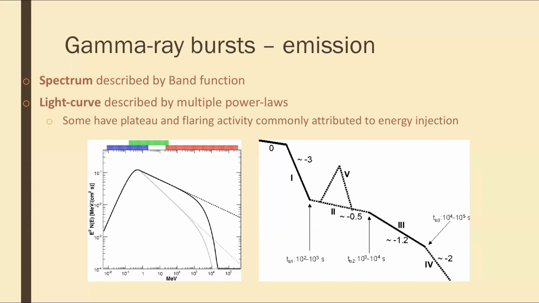We can also see a jet break, usually around 10^4 to 10^5 seconds, and this indicates the size of the opening angle of the jet. So all these factors can help us understand what's going on with the emission.